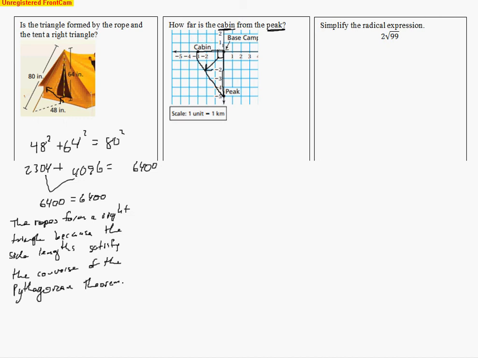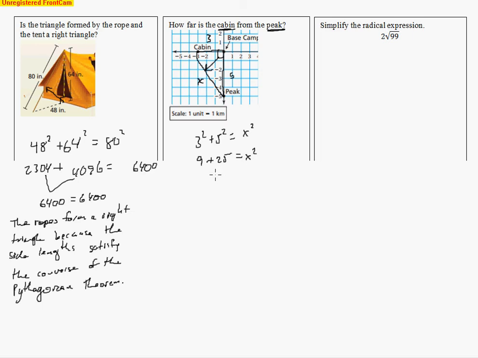So the distance from the base camp to the cabin was 3 units. And the distance from the base camp to the peak is 5 units. So we're going to set up the problem as 3 squared plus 5 squared equals, we'll call it x squared. And so we got 9 plus 25 equals x squared.